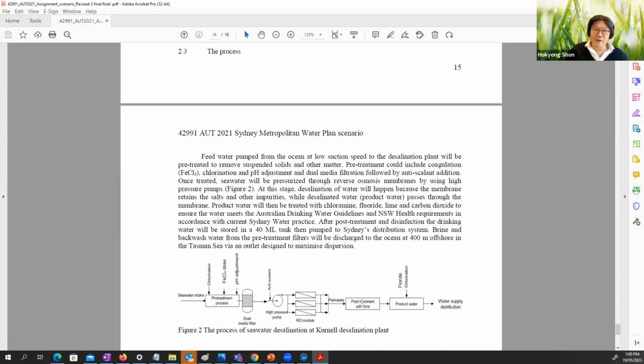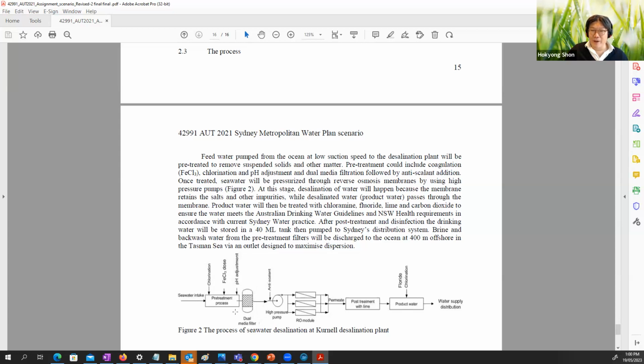So that's the recovery. But when you have your pretreatment and RO brine, you need to also think about the recovery, which will be 45% here.